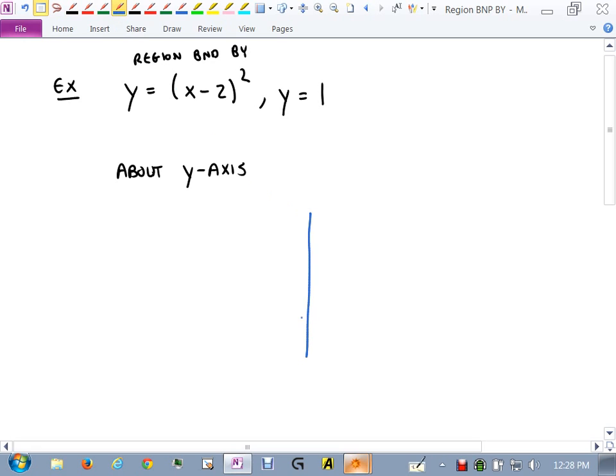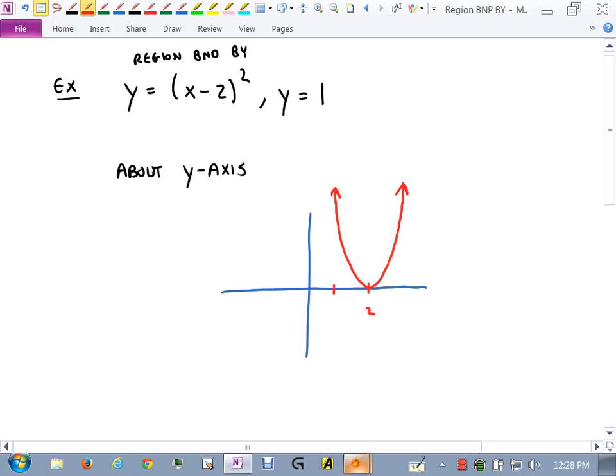It's the parabola x squared, but moved to the right 2. Right? Because if you plug in 2, what do you get? 0, so you're on the x-axis. So it looks like this: 1, 2, then it opens up like this. Y'all with me?